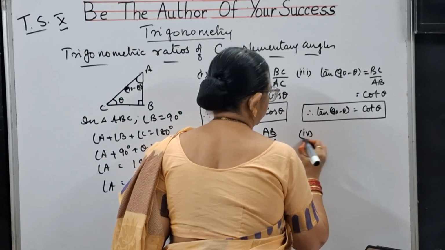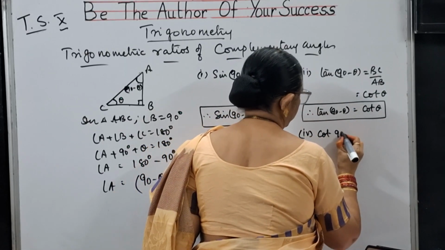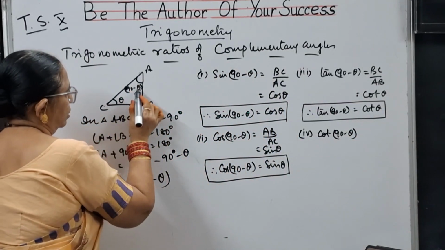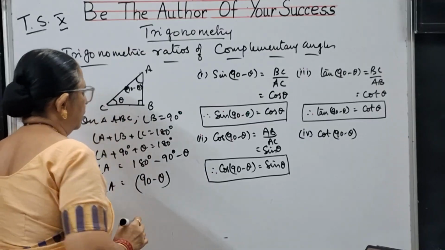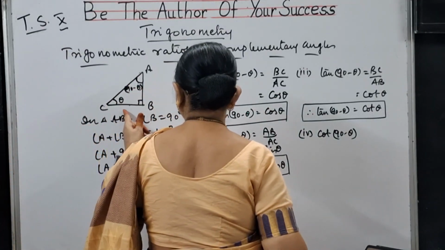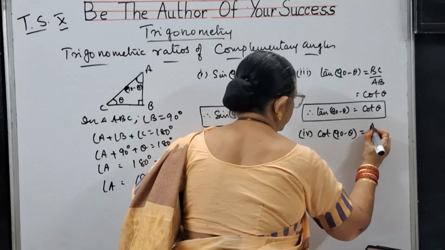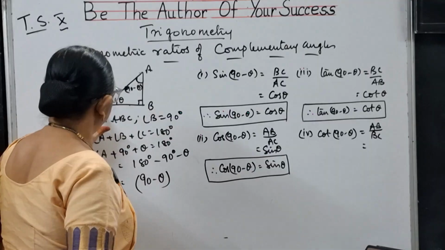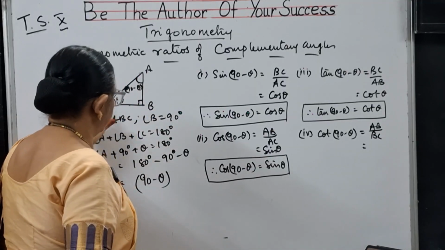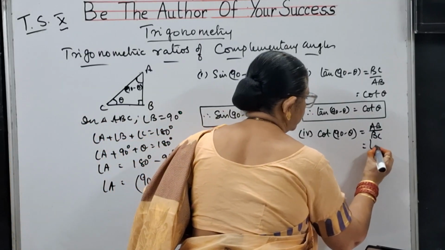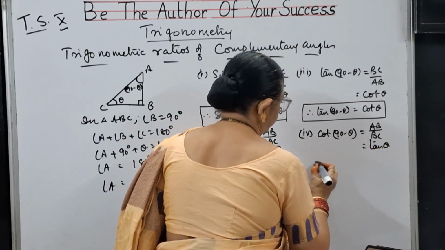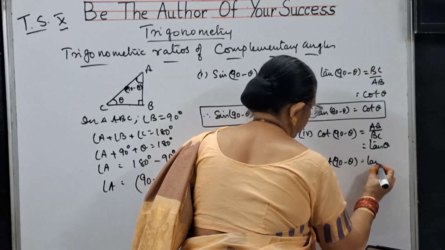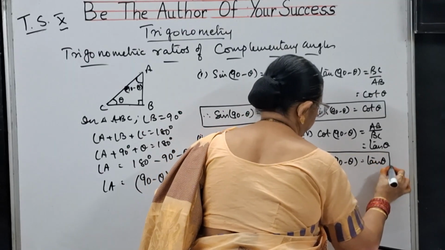And let us take cot 90 minus theta. Adjacent side by opposite side, that is AB by BC. So AB by BC in terms of theta, opposite side by adjacent side, that is tan theta. Therefore, cot 90 minus theta is equal to tan theta.